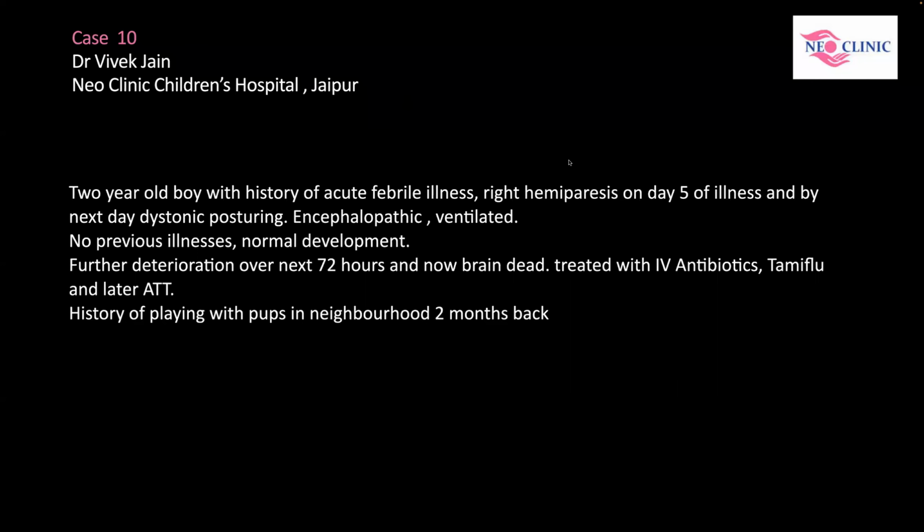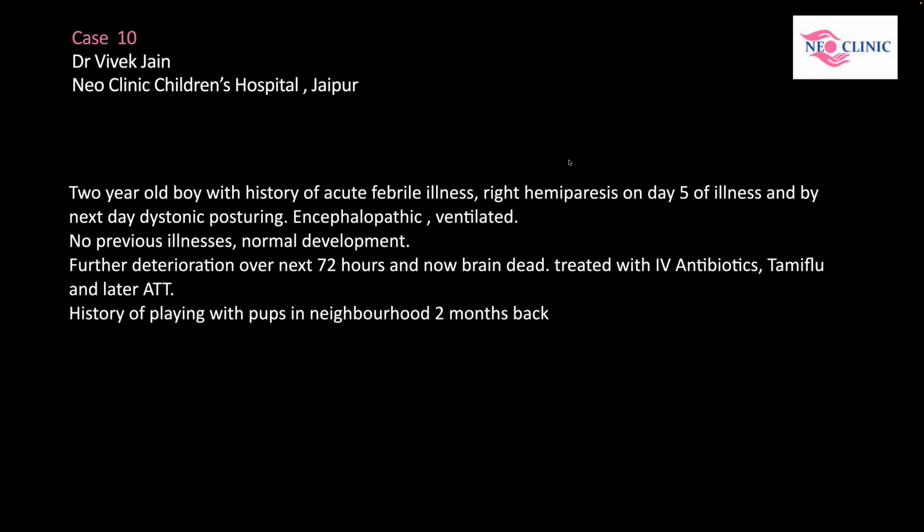Yeah. So it's a 2-year-old boy who had come to us a week back. He had an acute febrile illness with respiratory symptoms for a few days. Then 6 days later, he had right hemiparesis. The next day he had dystonic posturing of the right arm and then bilateral dystonic posturing, more like decerebrate posturing.